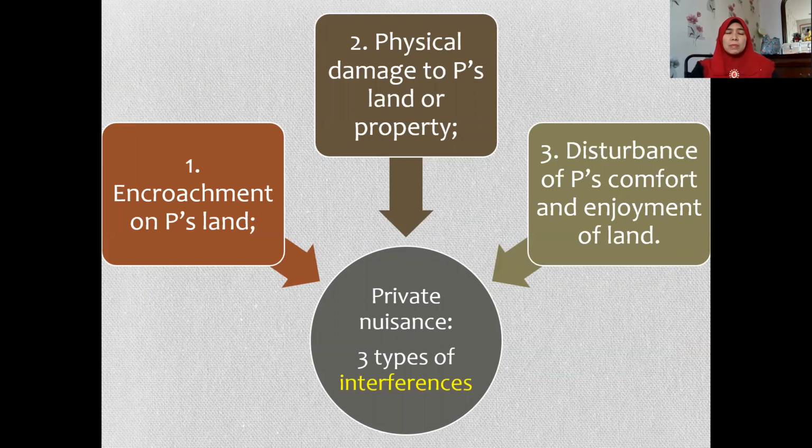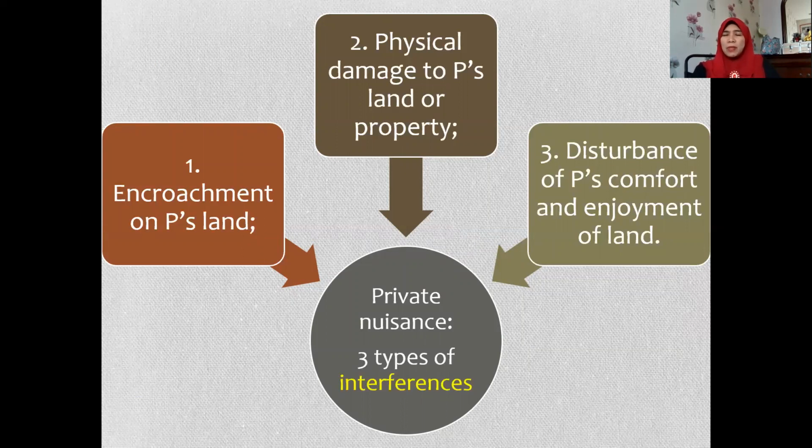Now we go to the types. For private nuisance, it's possible to further divide into three types, or three subcategories of private nuisance. This actually refers to the way it might happen or take place. The first one is encroachment of the plaintiff's land. Second is physical damage to the plaintiff's land or property.